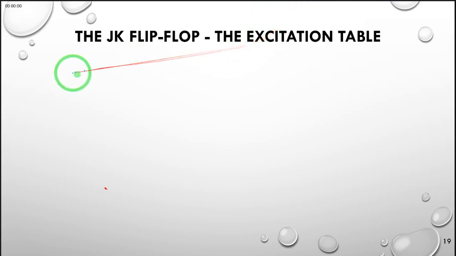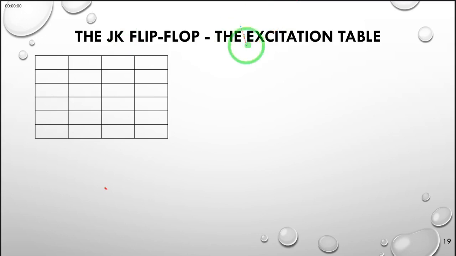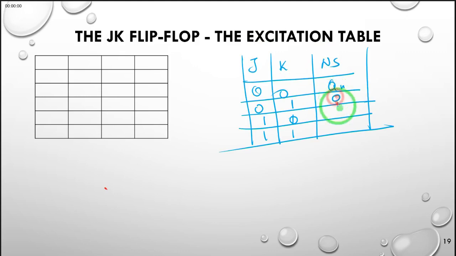And since we have seen our characteristic table as J, K, and the next state, this is how we have developed it. This is the only thing that came out differently for JK in comparison to SR. And therefore from this we ask ourselves, if we have the present state and we want the next state, what are the required inputs? That is what the excitation table asks.